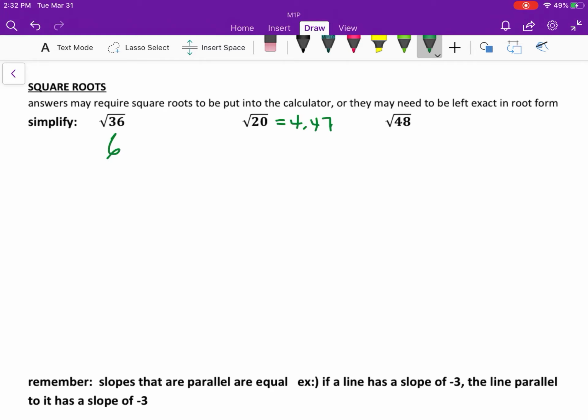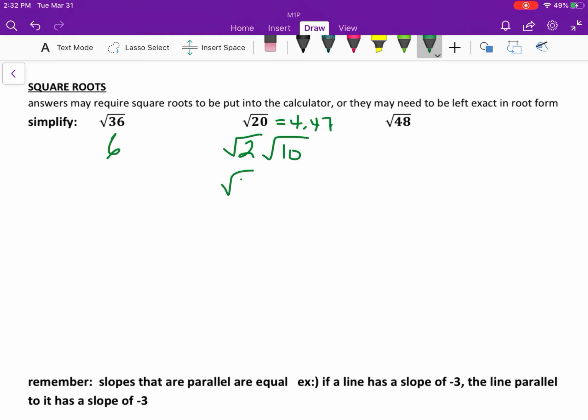Now, what I like to do is I just like to divide 20 by all the numbers that go into it. So I would start with 1, and then 2, and then 3, and then 4, and then 5, and then 6, and continue until I'm finished. Don't want to use 1 because it's just going to be 1 and 20. But if I take the number 2, I know that 2 times 10 is 20. 3 doesn't work.